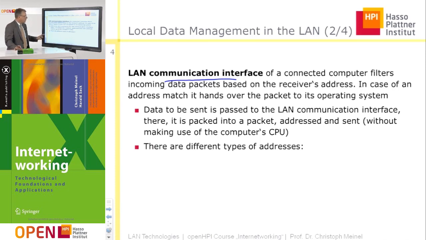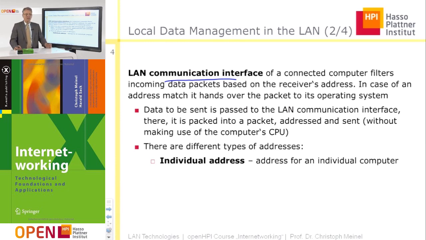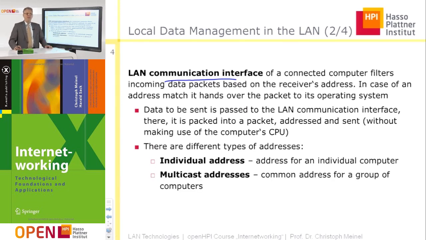A short look at the addresses. There are different types of address. What we discussed up to now is an individual address, an address for an individual computer that exactly specifies this individual computer. Besides these individual addresses, we have so-called multicast addresses.